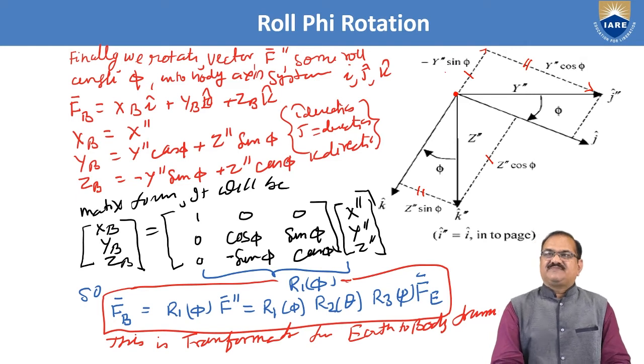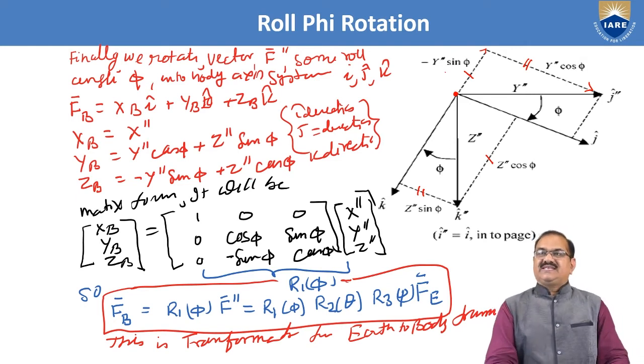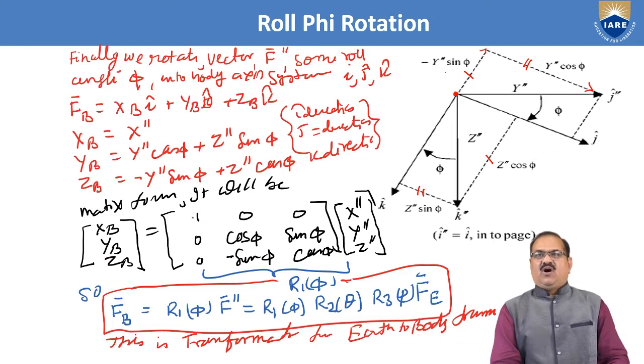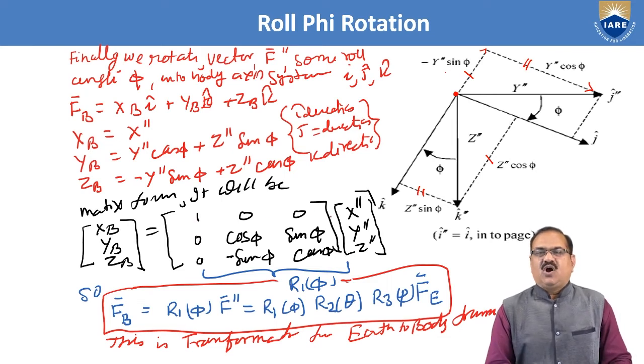Okay, so here we got it, and now if we make it in the matrix form, we will get xb, yb and zb is equal to 1 because x is 1 and then 0 0, y and z are 0. Here x is 0 and here x is 0.